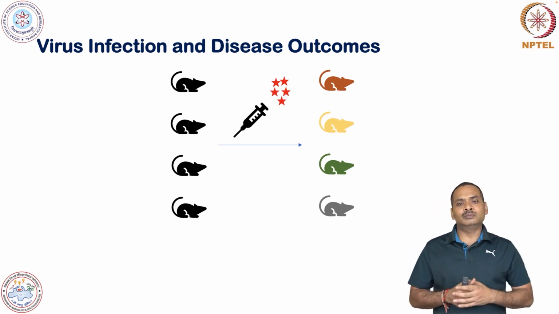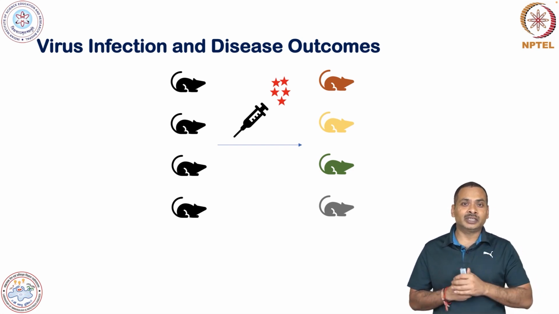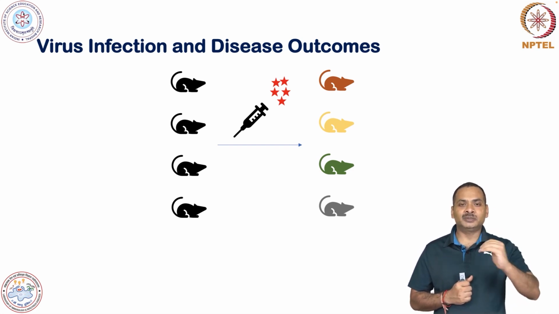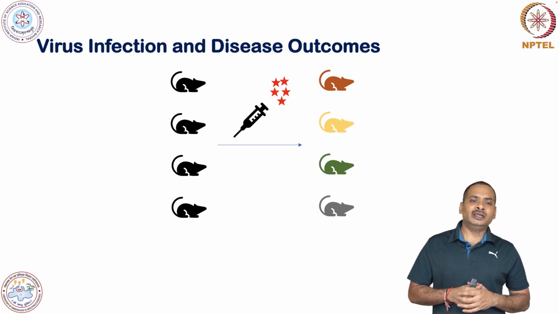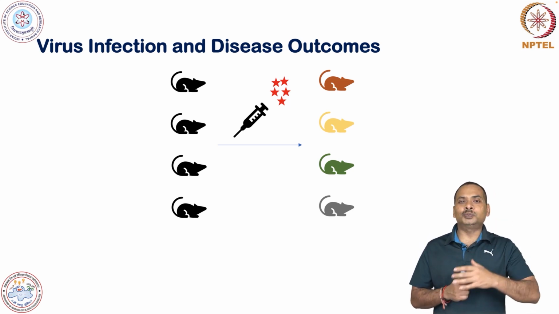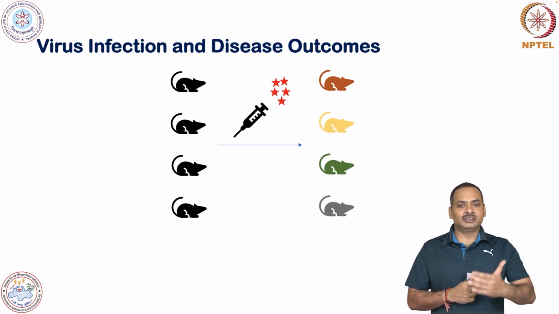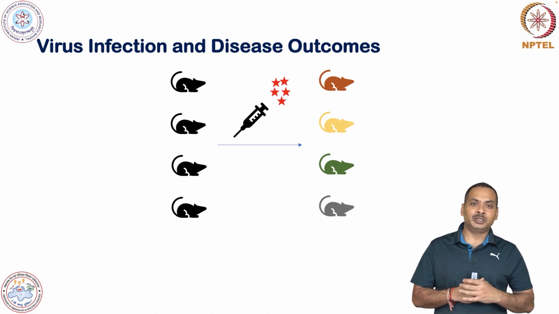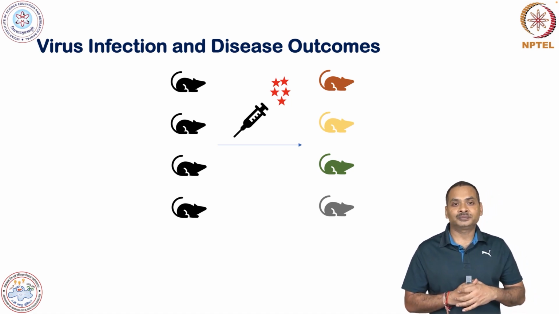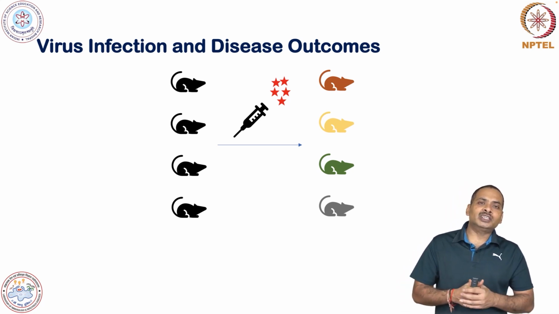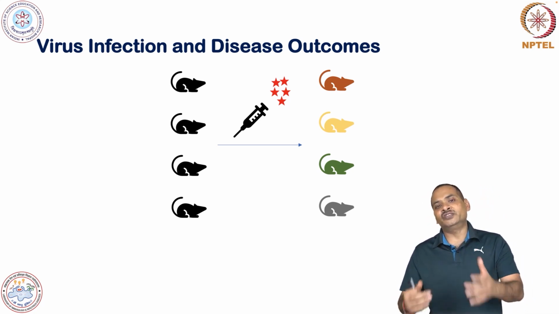You have black colored syngeneic mice, the same genotype, same age, same sex, everything the same, and you are infecting this group of mice with a particular virus. Here you can see there is a syringe depicting the infection, and the stars are viruses. When you do the experiment, the outcome is always quite different.